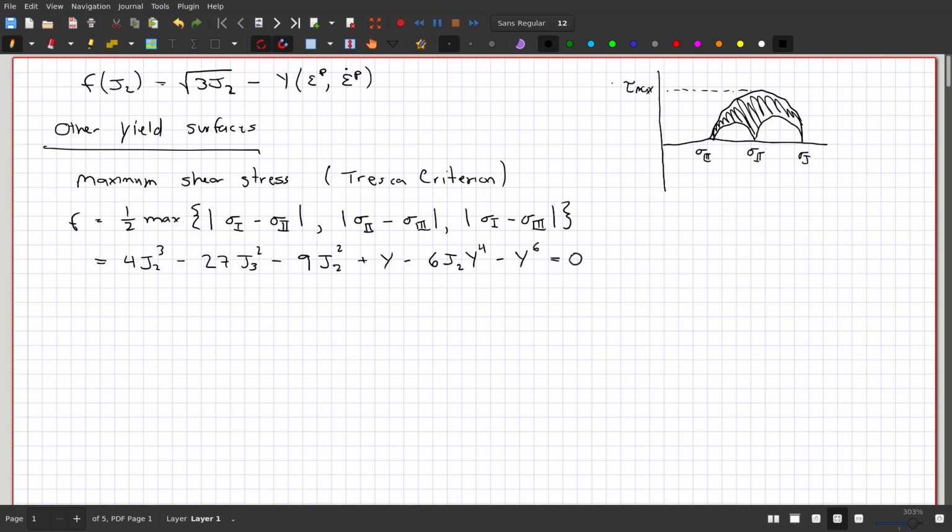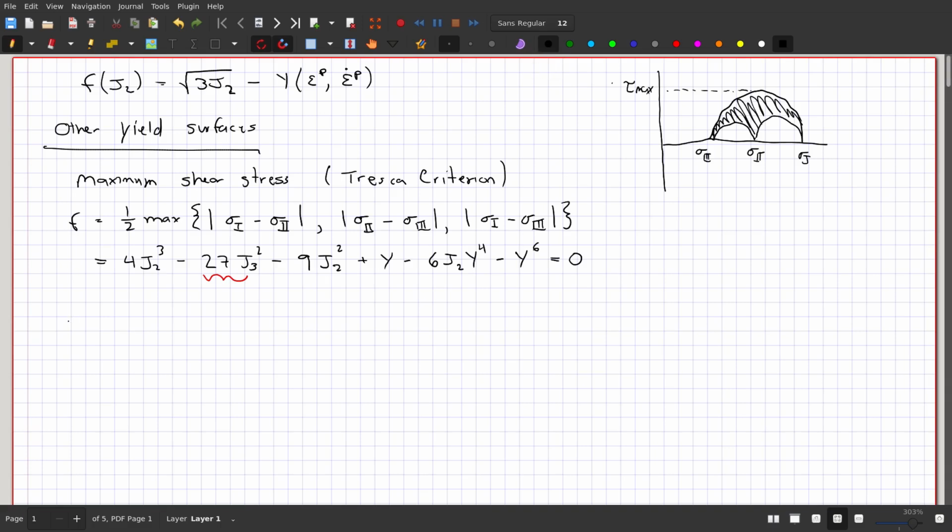So that is the maximum shear stress criteria in terms of the invariants, like we wrote the other yield surfaces in terms of J2, right? But now you notice that this one has a J3 in it. So it's not just a function of J2, it has J3.